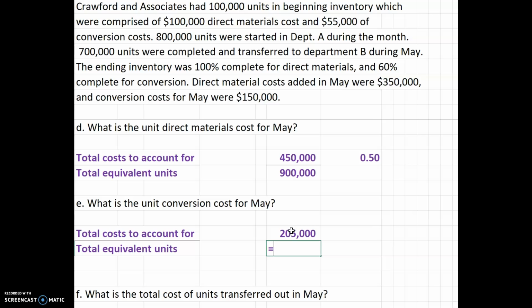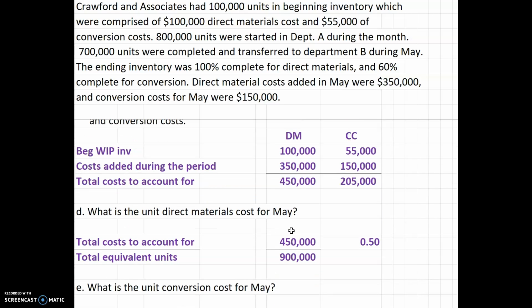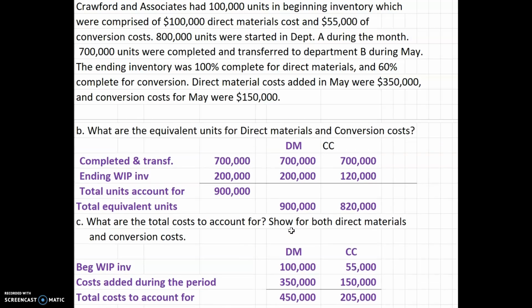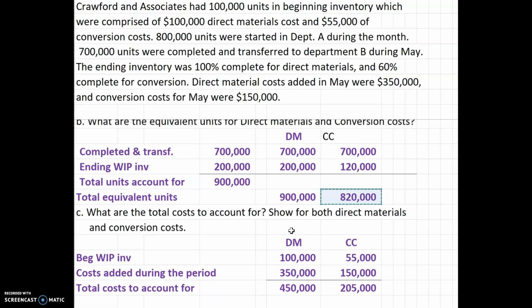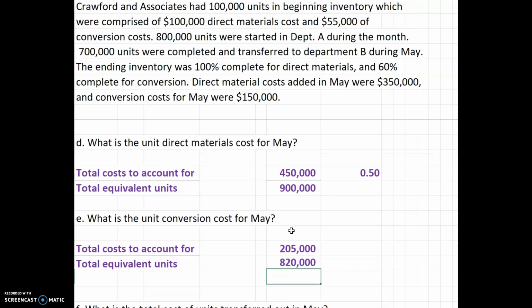And we're going to divide that by the equivalent units for conversion costs that we calculated up here. And we said for conversion costs, the equivalent units for conversion costs is 820,000. So we're going to divide here. And we get 25 cents per unit.